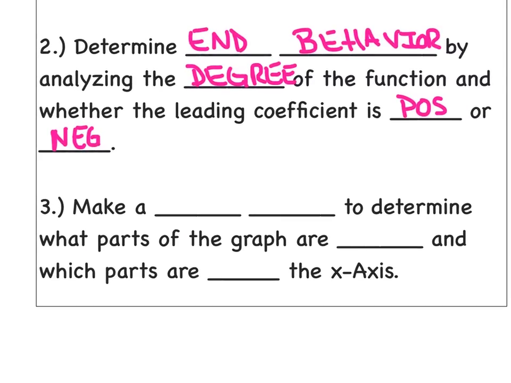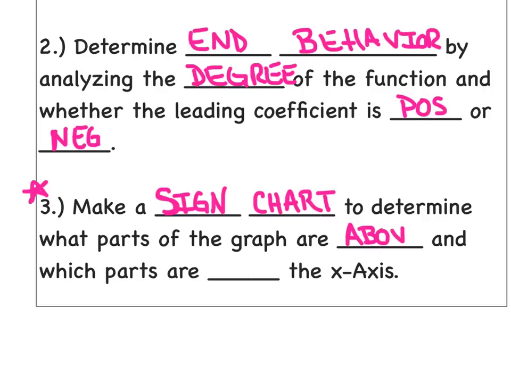This is the new one, and if you're going to put a star next to anything, we'll star step number 3. We're going to make what's called a sign chart. It's a fun little gizmo that's going to really help us determine what parts of the graph are above the x-axis versus what parts are below the x-axis.